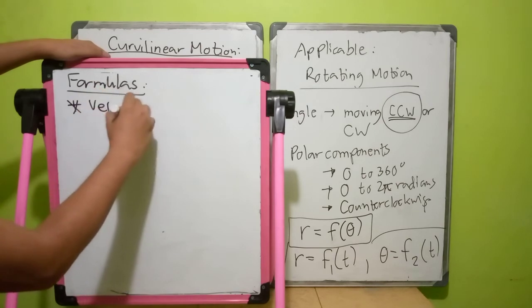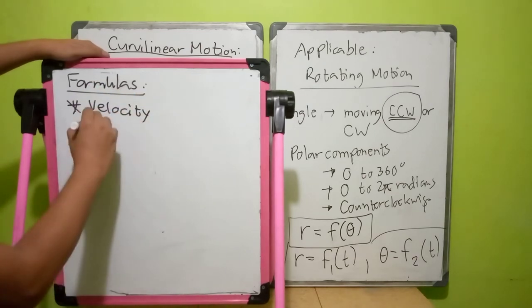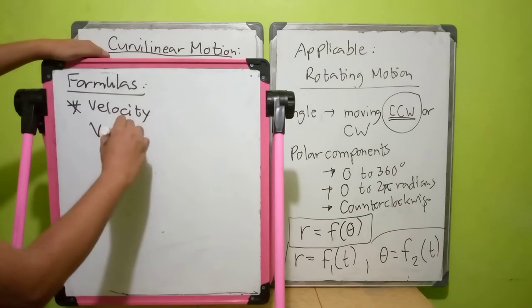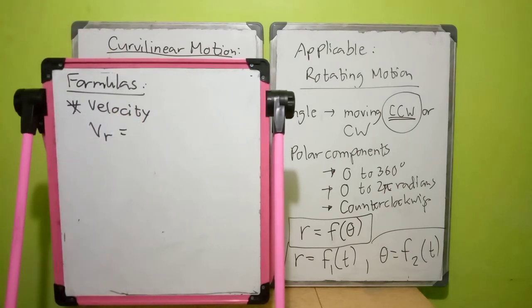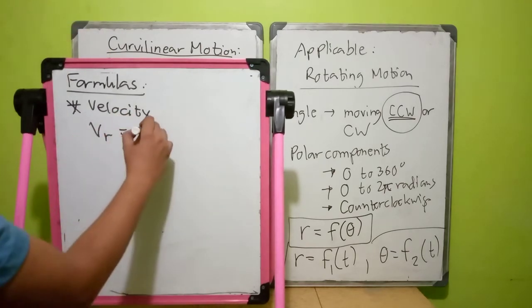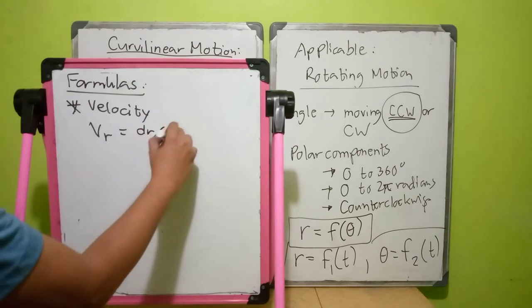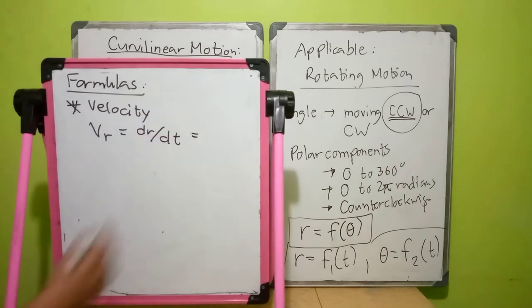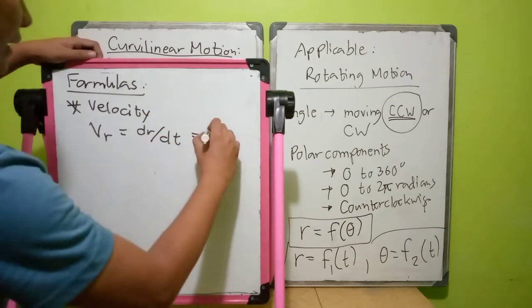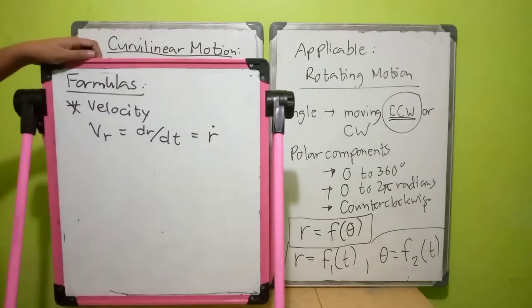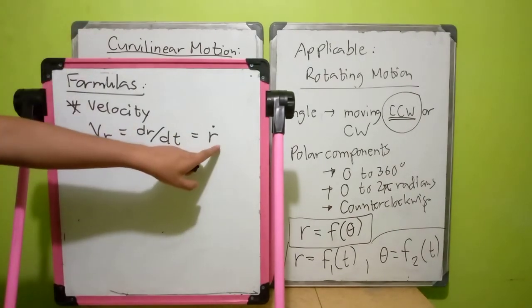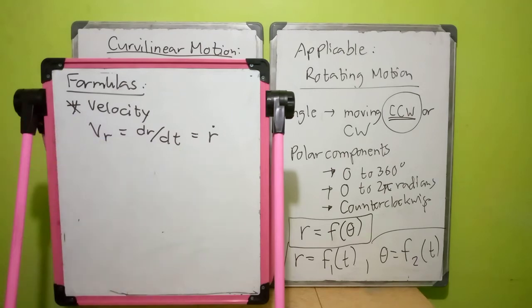So your velocity has two components. Your VR, or your radial velocity, is equivalent to dr over dt. We can also represent that as r with a single dot at the top. It means the first derivative of r with respect to time.